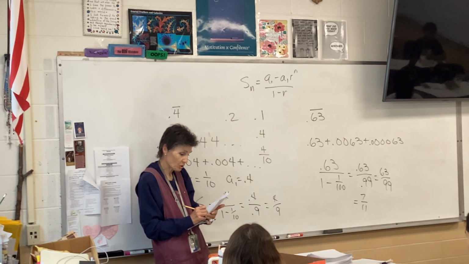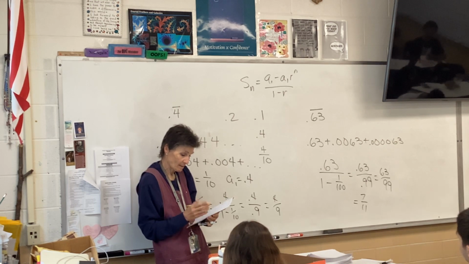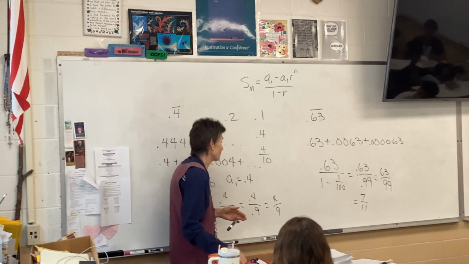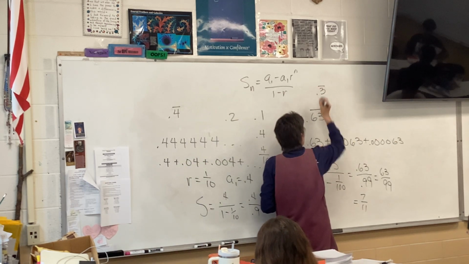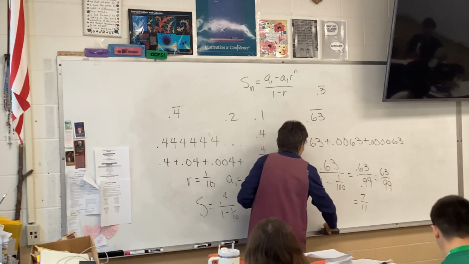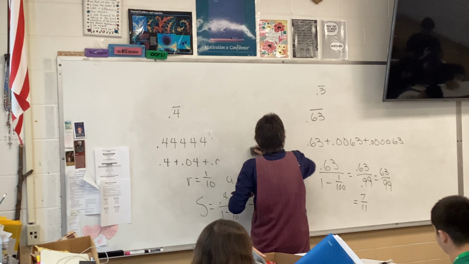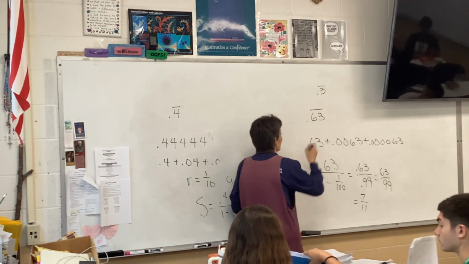People stop there, I want to share a couple of things with you. Over these many, many years, really smart kids have shared some really cool things with me. According to what we just talked about, what would repeating 0.3 be as a fraction? 3 ninths, which is 1/3.